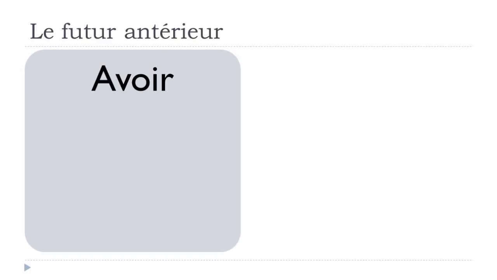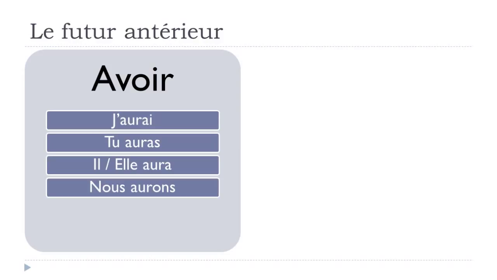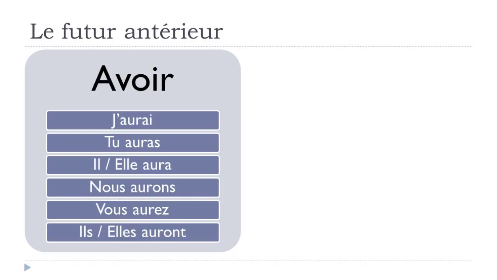And avoir at the future form goes like j'aurai, tu auras, il aura, elle aura, nous aurons, vous aurez, ils auront, elles auront. Okay, so one more time. J'aurai, remember, A and U together will produce this O sound. A and I, aurai.